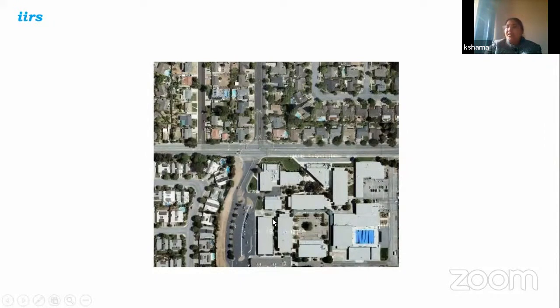If this were an industrial building, then you would find heavy vehicle parking, or the arrangement of buildings would have been in a different manner. So your pattern will change. So it has a regular pattern, but it has a very specific association of objects. That's what shows that it is an institutional building.